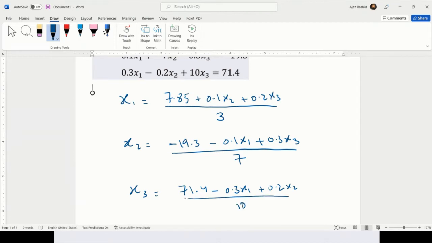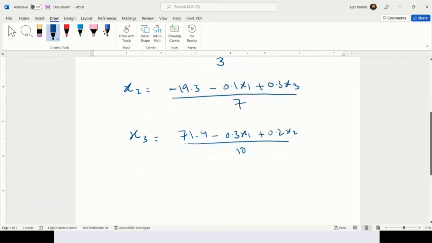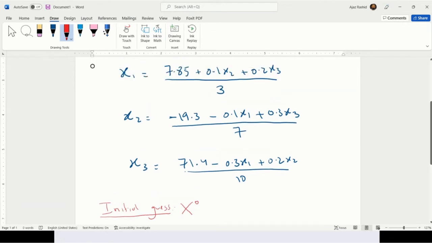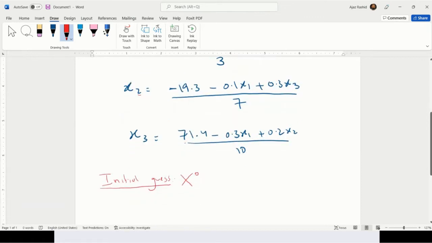Then we need some sort of initial guess value. I'll say x0. I'm putting the 0 up so that I differentiate between the x1, x2, x3, and this one up so that we know that this is the number of iteration and it's not x1, x2, or x3.